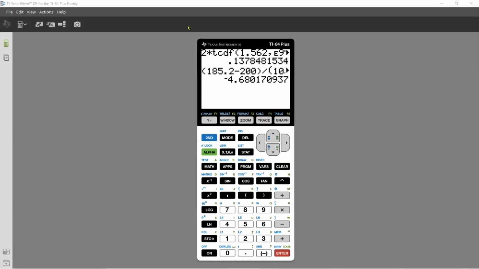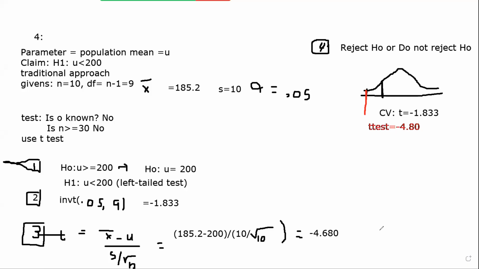So this is going to be my test statistic: T is equal to negative 4.680.